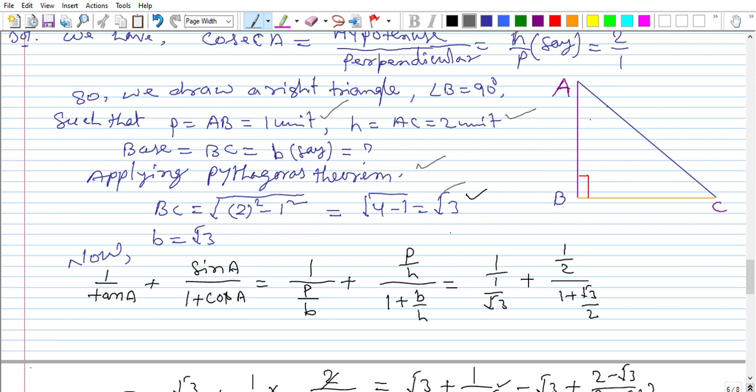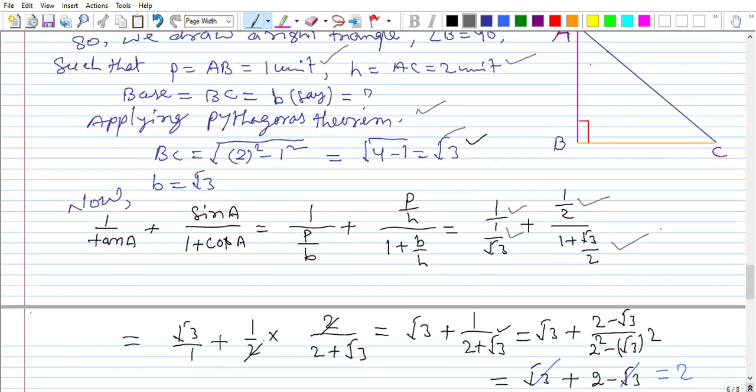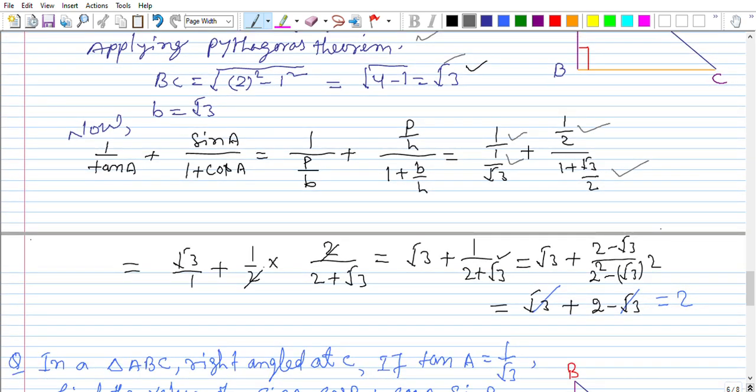The previous knowledge you can apply here, which we have learned previously. So here 1 by 1 by root 3, 1 by 2, 1 plus root 3 by 2. After simplifying, it is a reciprocal, it goes to numerator.